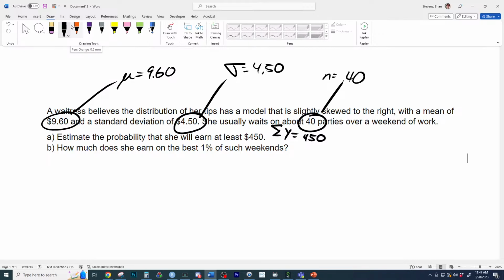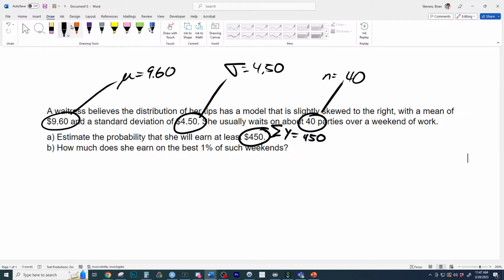Because what is that? 450 is what? Per what? Over a weekend. 450 is the sum of y. So that's her total earnings, right?